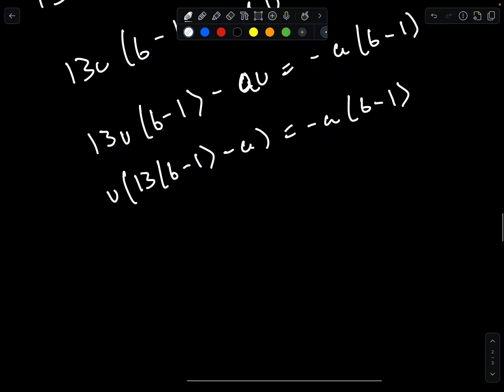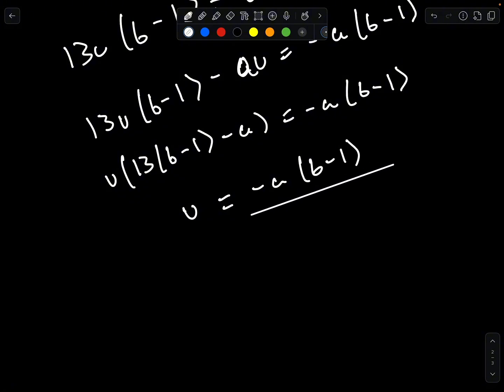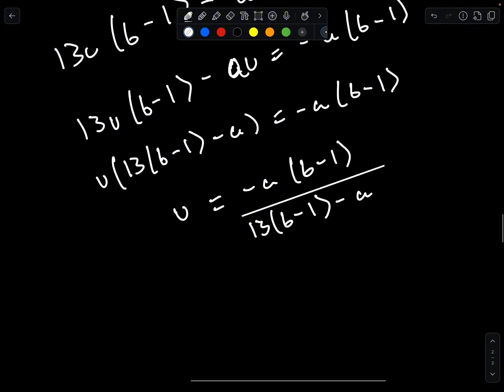Now I can then divide by this big ugly equation. So u equals minus a times b minus 1 all divided by 13 times b minus 1 minus a.